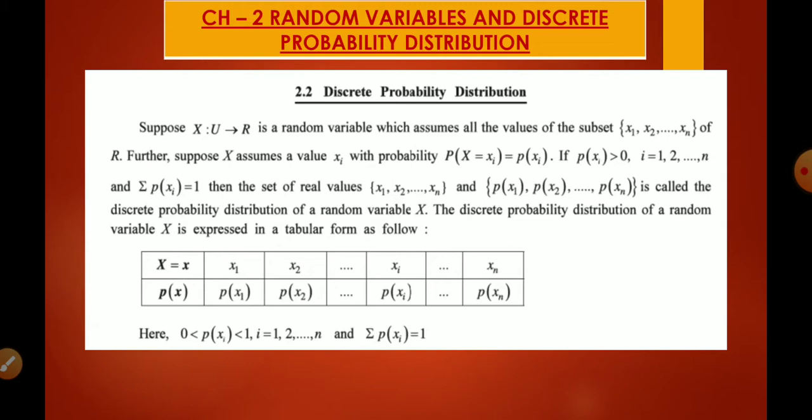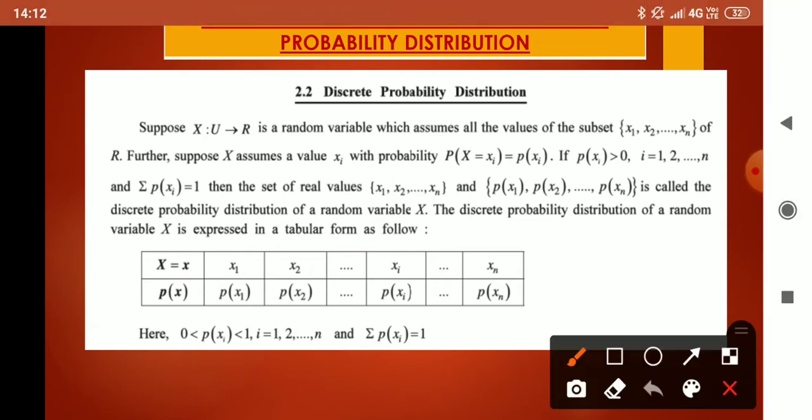Now you can see here I have written the meaning. Suppose X goes to R. See, this is a random variable, which assumes all the values of a subset. That means it has all the values x1, x2 till xn.